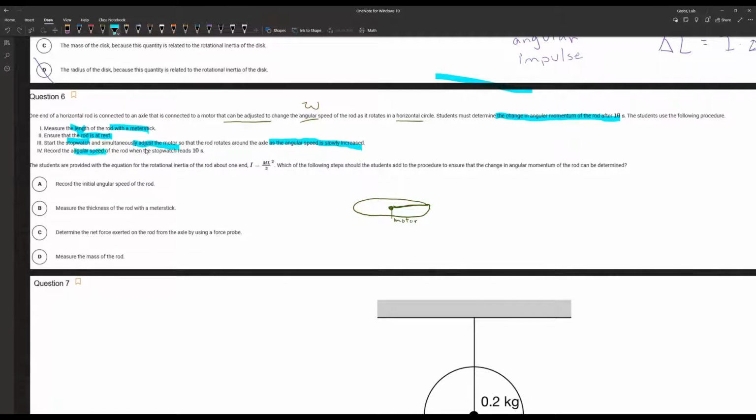Record the angular speed of the rod when the stopwatch reaches 10 seconds. Students are provided with the equation for the rotational inertia of the rod about one end, 1/3 ml squared. Which of the following steps should the students add to the procedure to ensure that the change in angular momentum of the rod can be determined?